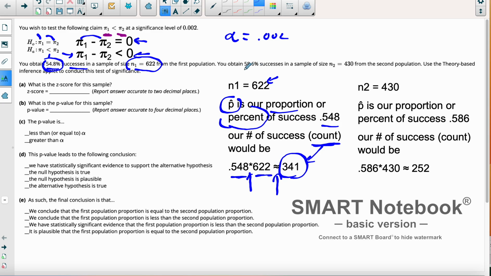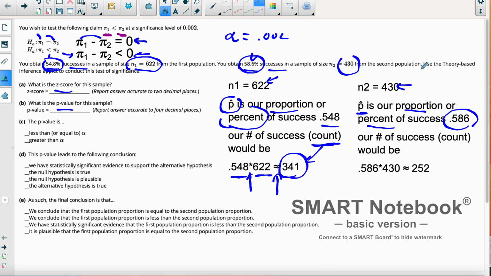In the second sample, we have 58.6% of the 430. My sample size for sample 2 is 430. That's my p hat, my proportion of success, 58.6%, 0.586. It wants to know what is the z-score and the p-value.